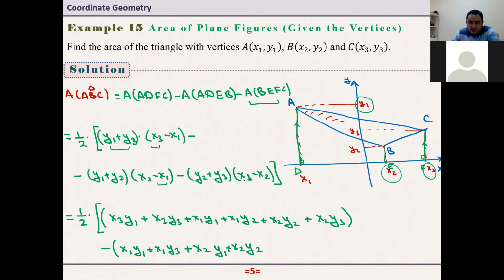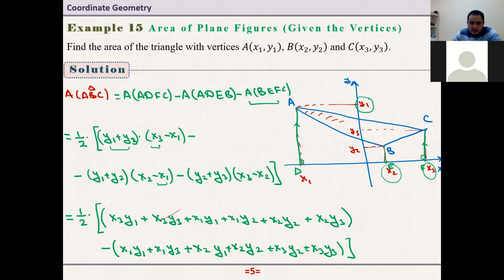Now, if you multiply x sub 3 by this, you'll get minus. So minus is already outside here. Here we have plus x sub 3, y sub 2, plus x sub 3, y sub 3. Okay, now I can close our rectangle bracket. Anyway, now if we can simplify this, see here, x sub 3, y sub 3, minus, here we have x sub 3, y sub 3, here.